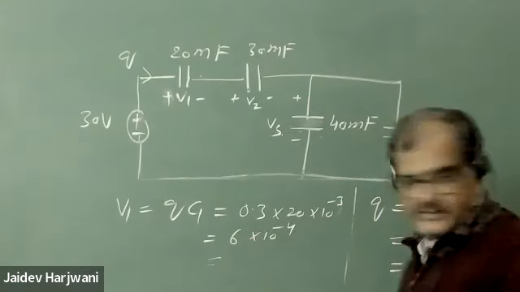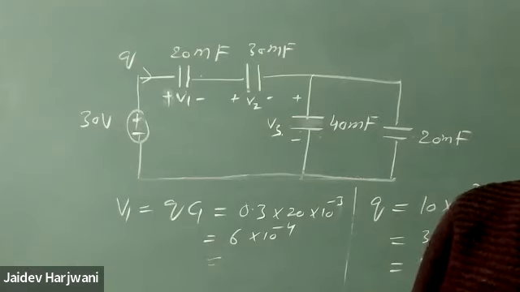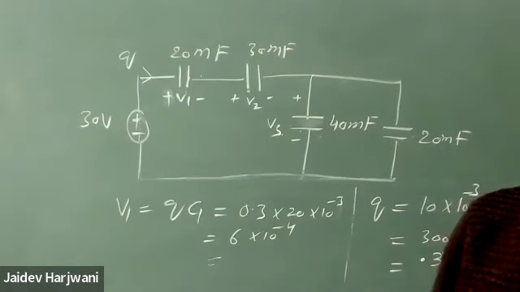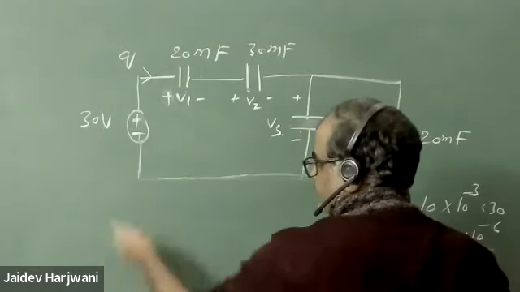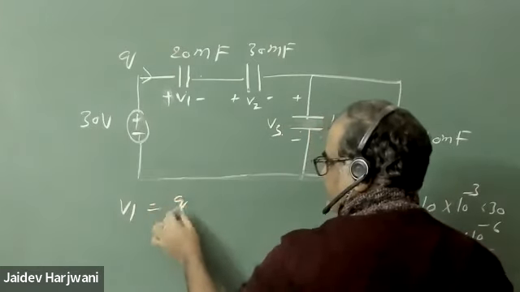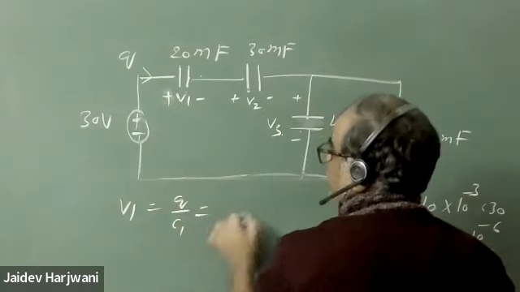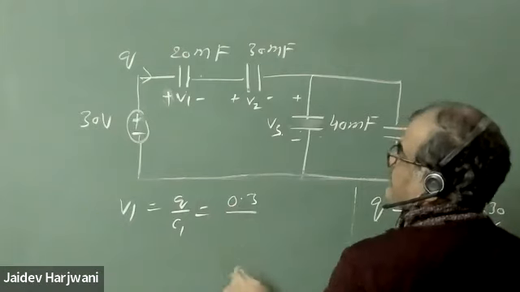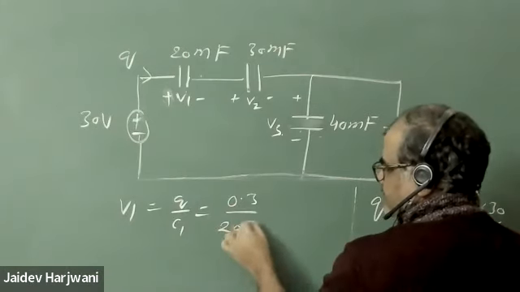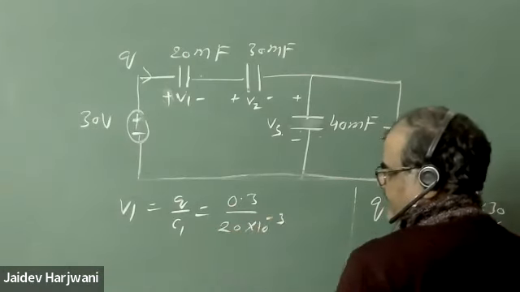Sorry, I need to calculate V1. V1 will be Q by C1. Q is 0.3 and C1 is 20 millifarad, 20 into 10 raised to power minus 3.